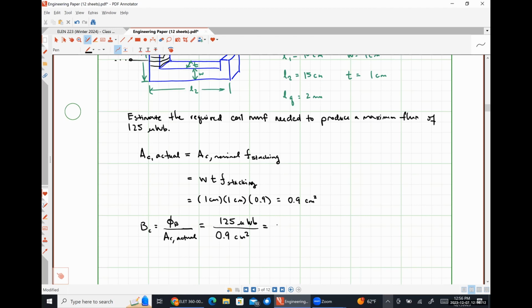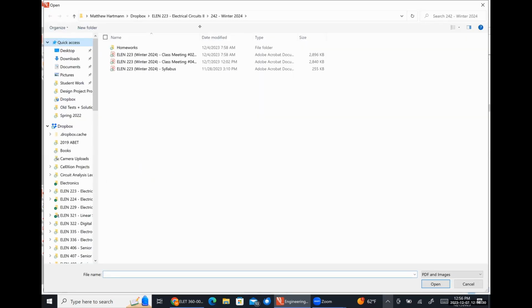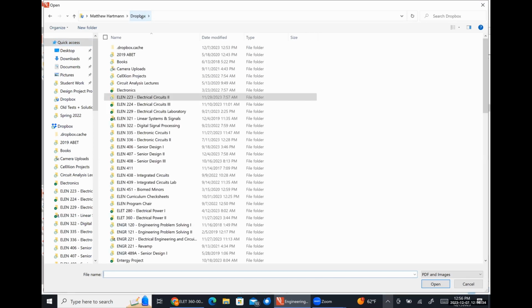And this comes out to be 1.389 Tesla. And I'm going to call it 1.4 Tesla because that's something I can find on my sheet more easily. So now I'm going to pull up that sheet. It's the ELET 360.